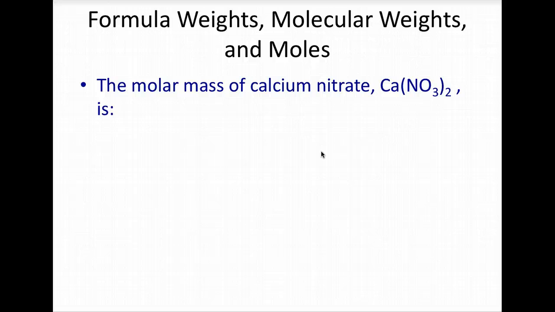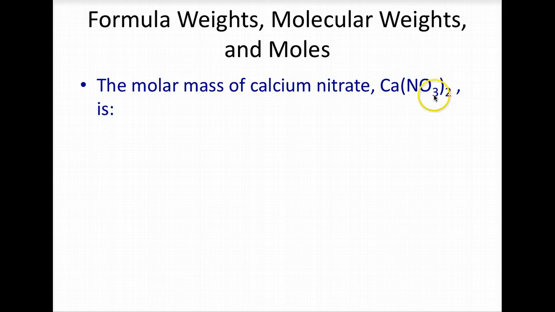So let's do this again. What if I want to know the molar mass of calcium nitrate? Now, you have to remember there's 1 calcium here. In this parentheses, this is a polyatomic, as we talked about before. Inside the parentheses, there's 1 nitrogen and 3 oxygens. But I'm going to multiply outside of that by 2.